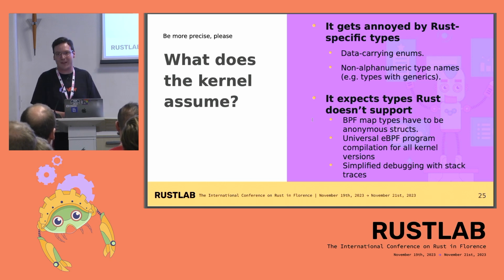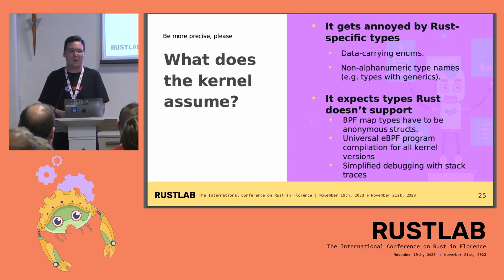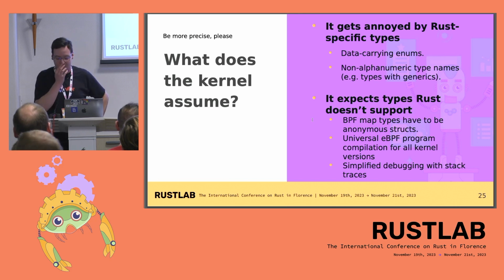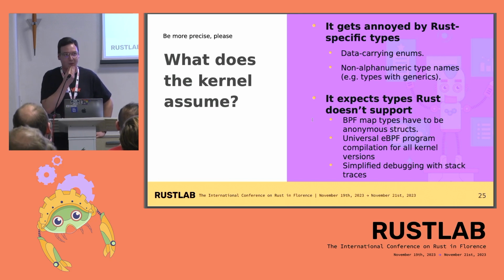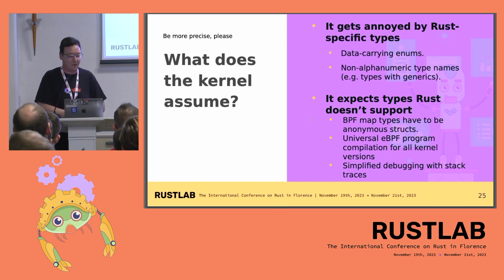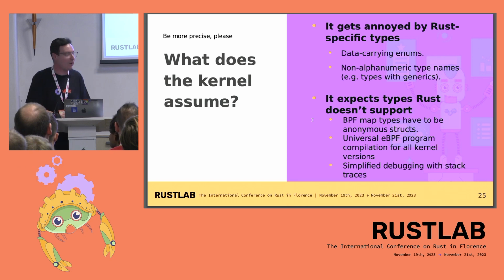The other thing is that Rust type names are not always alphanumeric. For example, if you use generics in Rust, with something embedding the generic T type, then the types finally produced after compilation contain those brackets and the names of types they are implemented for.